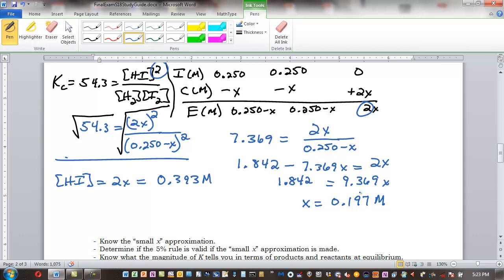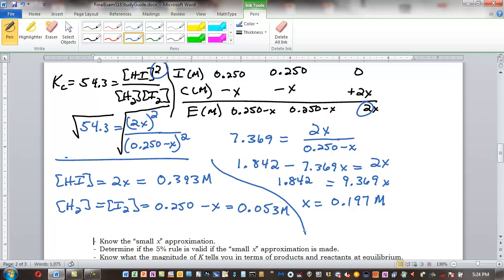Okay, and then the other two, hydrogen and iodine, are equal at 0.25 minus x, 0.053.